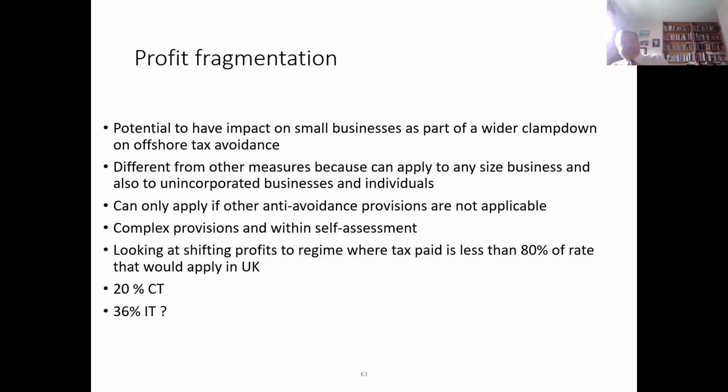So these are complex provisions, within self-assessment, looking at shifting profits to a regime where the tax paid is less than 80% of the rate that would apply in the UK. So on the 25% rate, that is where you've got less than 20% corporation tax, or 80% of 45% income tax, 36% income tax. As I say, it is very wide.